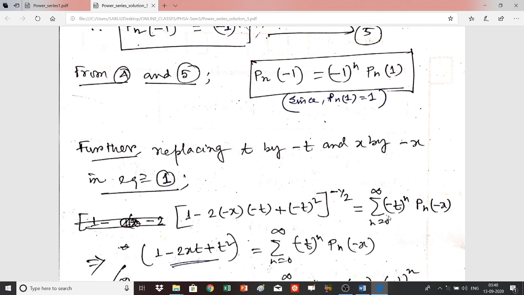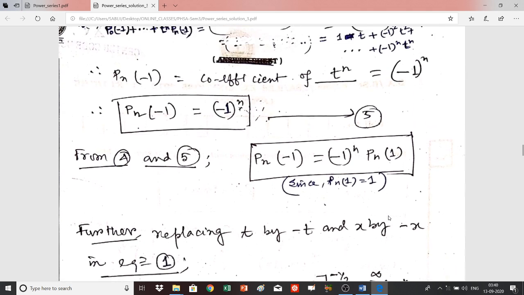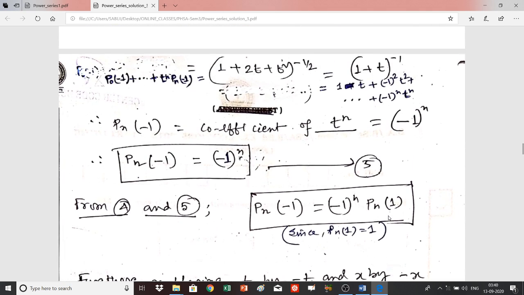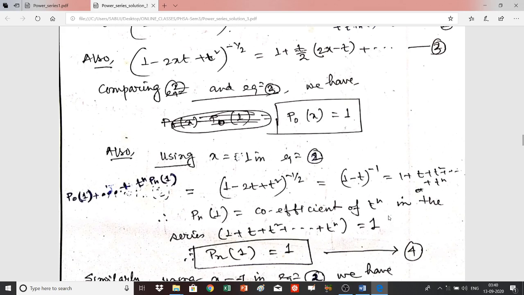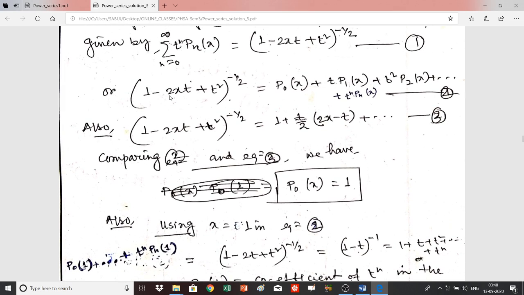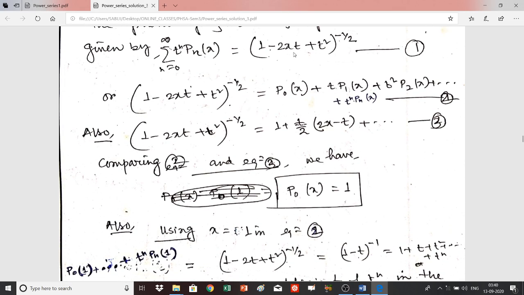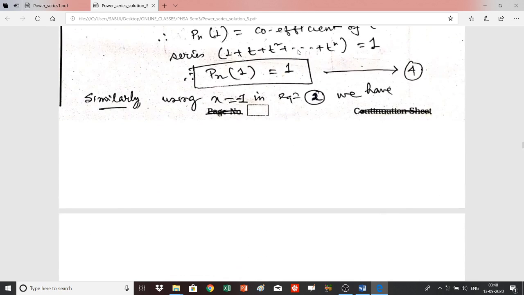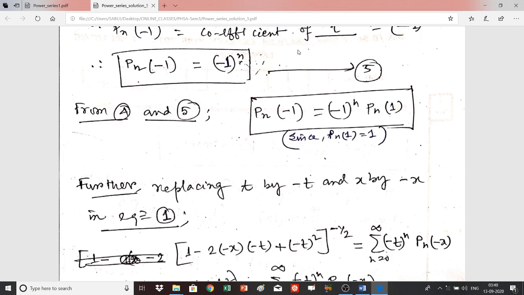Now further, in the relation here we replace t by minus t and x by minus x.